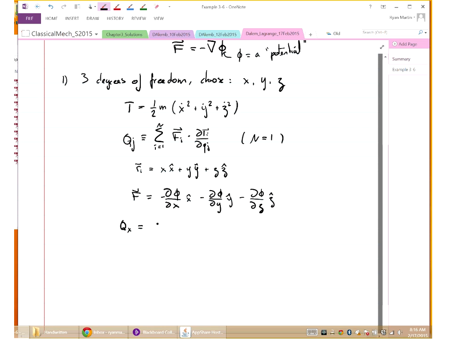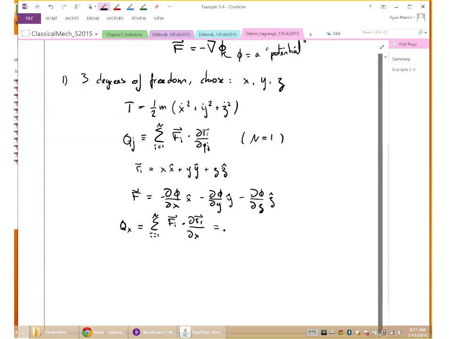So Qx would be the sum from i equals 1 to capital N of Fi vector dotted with ∂Ri, and now ∂Qj is ∂x. Right? So the sum is only over 1.